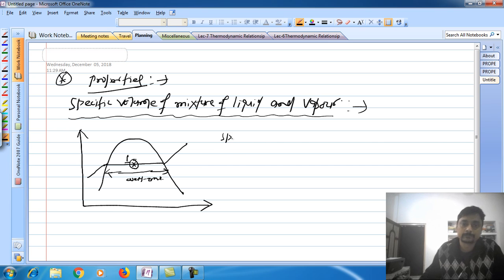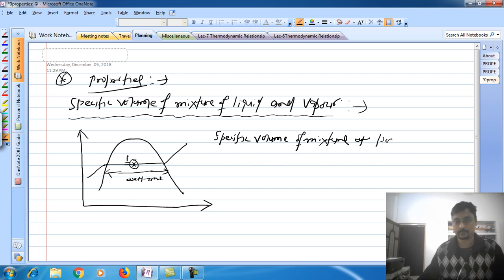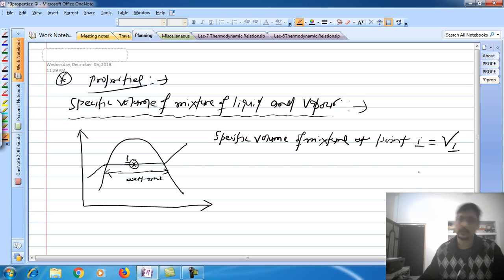Let us suppose the volume of the mixture at point 1 is equal to V1.